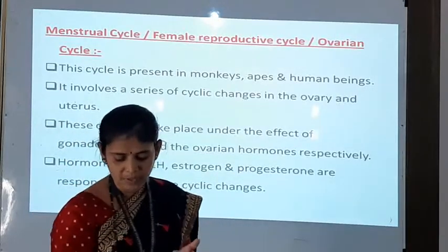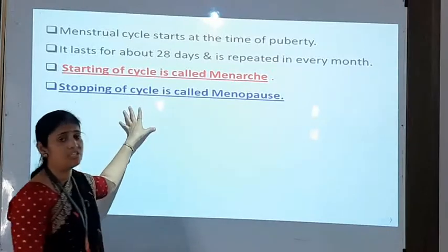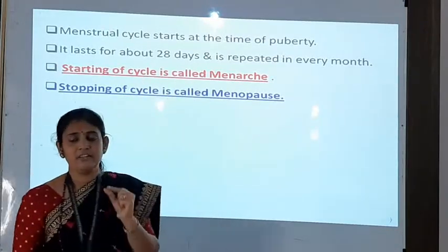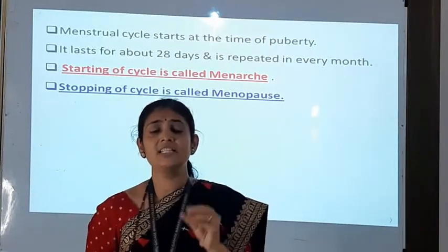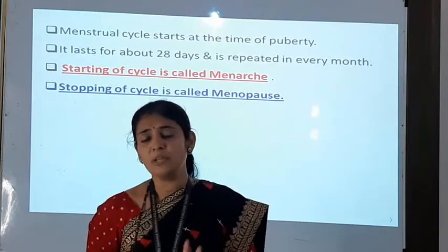Okay. Now this menstrual cycle starts at the time of puberty. At the time of puberty, different developmental changes, that is secondary sexual character development, take place in the female body.